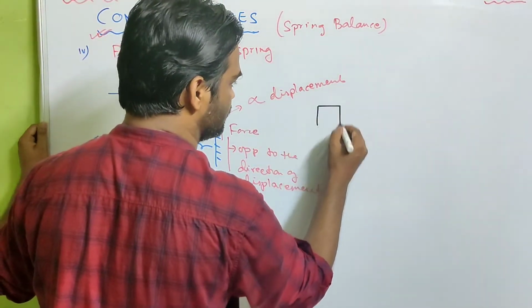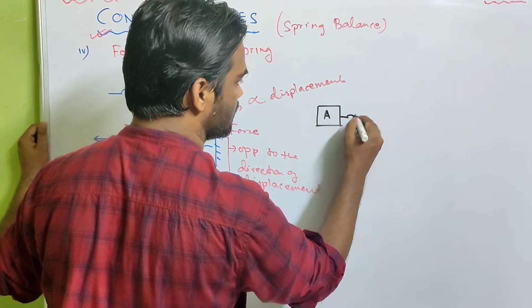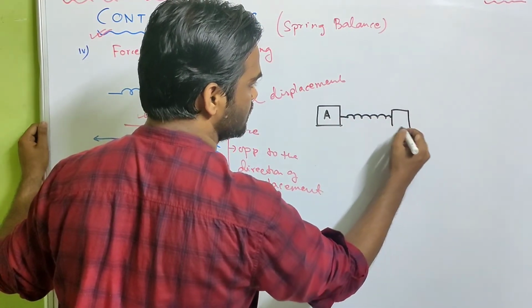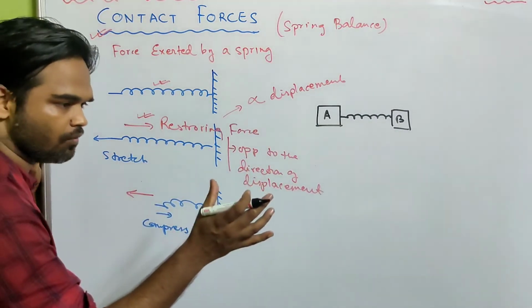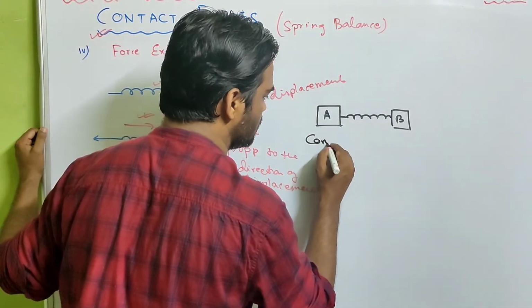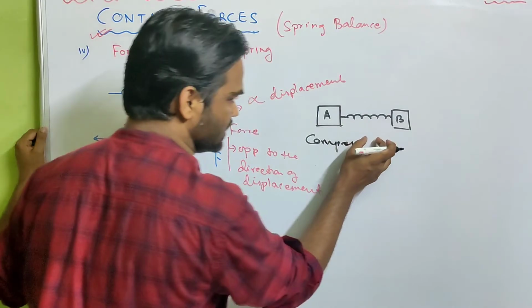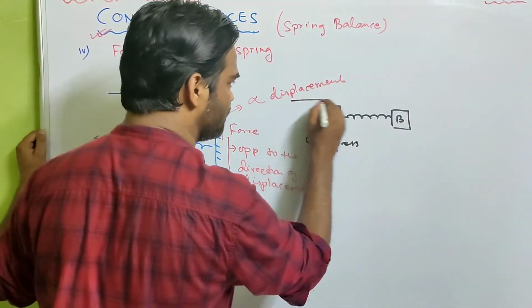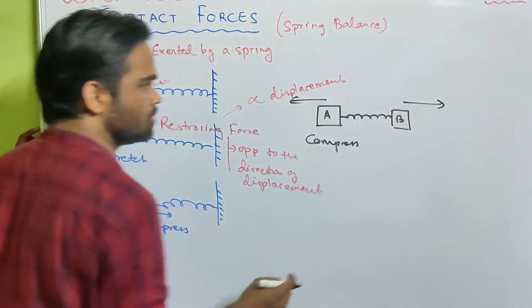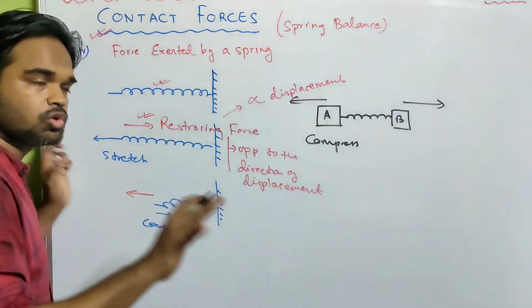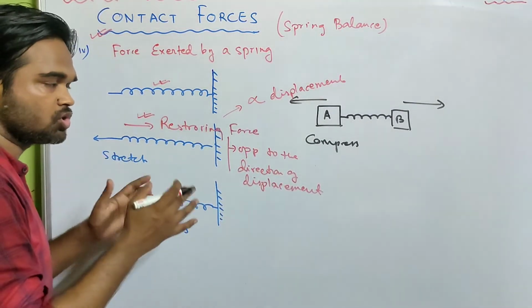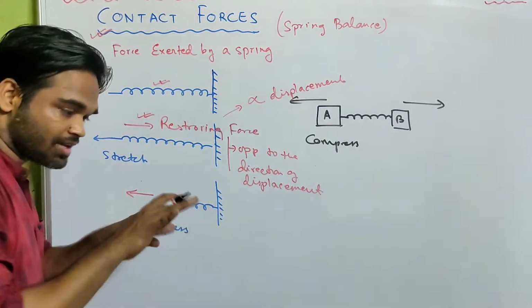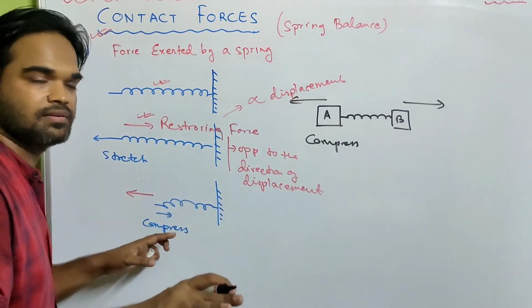Suppose you have two bodies, A and B, connected by a spring. This is the normal position. Now when you compress it, the restoring force will be in this direction. It will try to push the two objects away.